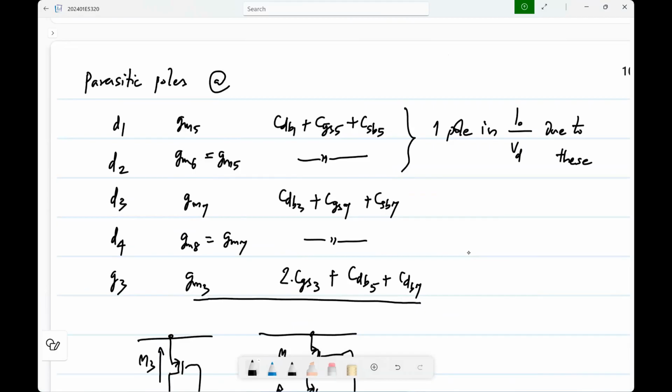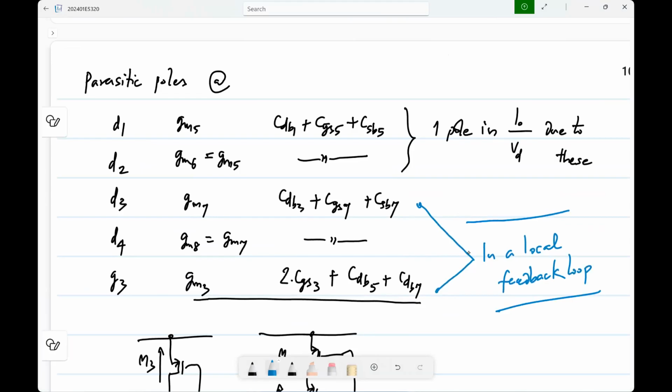But anyway, you can recognize that there are many poles, and also the one at the drain of M3 and G3 are in a local feedback loop.